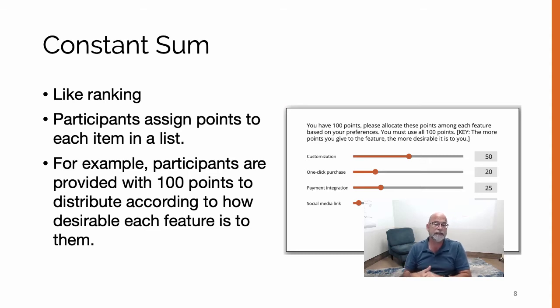Here's one of my favorites, and we've done it in a couple different ways, but it's called a constant sum. What this means is, imagine you had several different features or functions, and you're trying to decide what's the most important feature or function for this product to have. Well, if you just ask people, hey, would you like this feature or function, they're going to say sure, because why not?